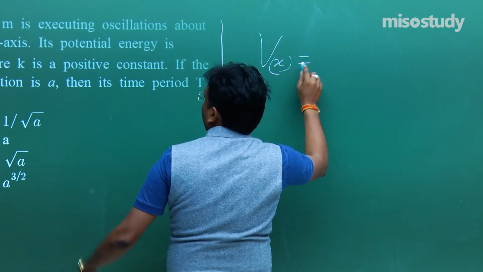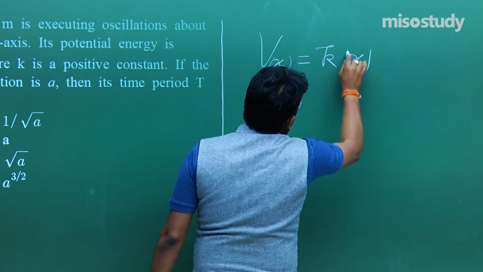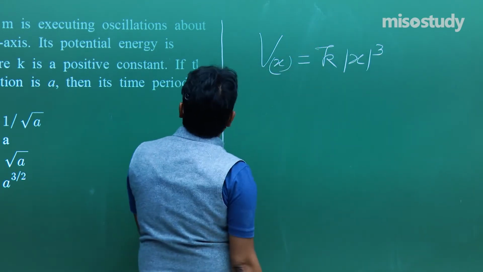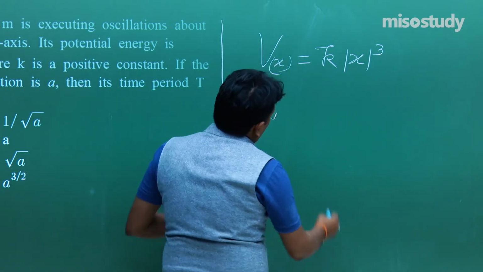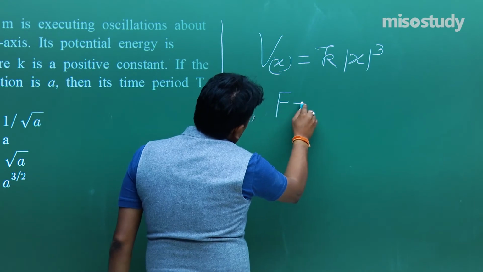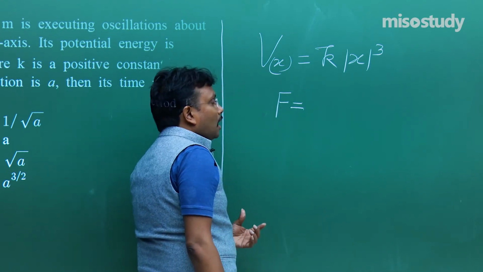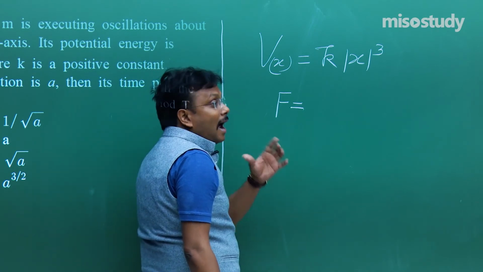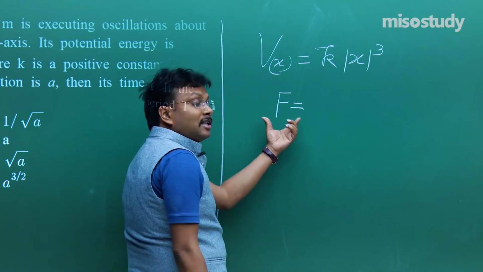V(x) is equal to k mod x cube. This is the potential energy term which is given in this fashion. Now F is equal to this formula which I am going to mention. I am sure you studied it at least in your gravitational chapter. Otherwise it is a general result.